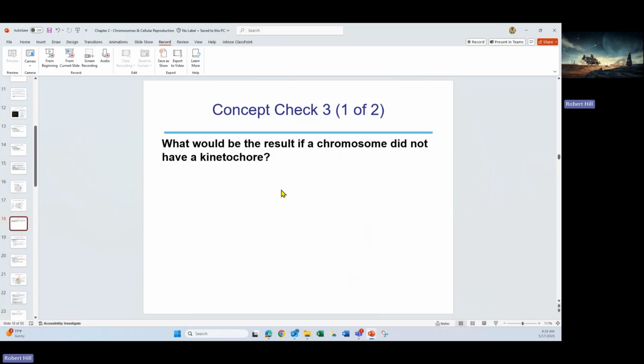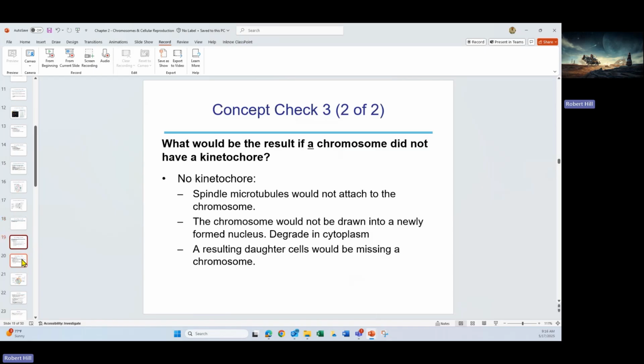It wouldn't be able to attach to the microtubules. It wouldn't be able to get segregated correctly to the new daughter cell that's going to result from mitosis. And eventually it would just degrade because of that, and a daughter cell would be missing a chromosome.